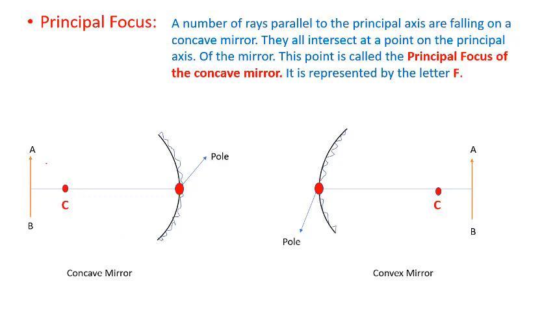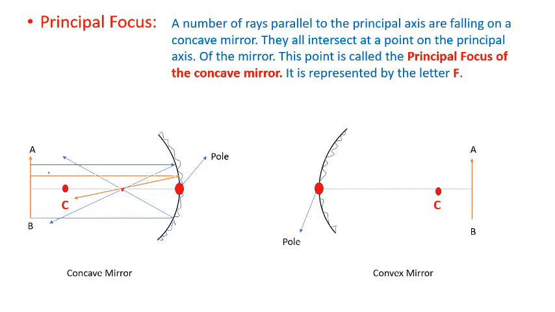So when a ray of light falls on the reflecting surface, it will pass through the principal axis. Suppose this is one ray; we'll take another ray, it passes through this point. Let us take one more ray.